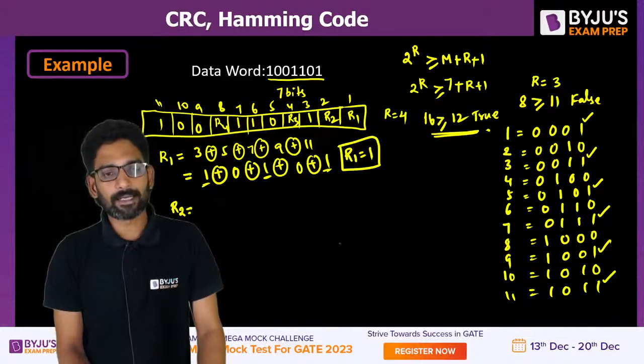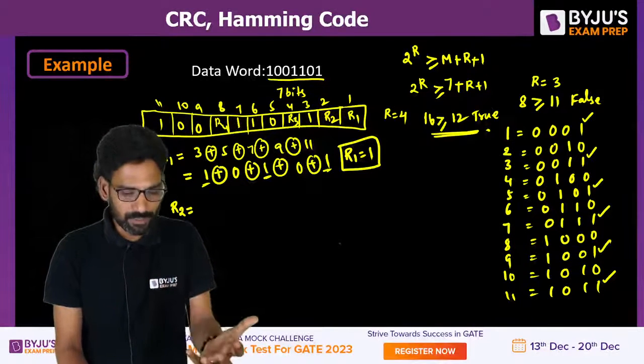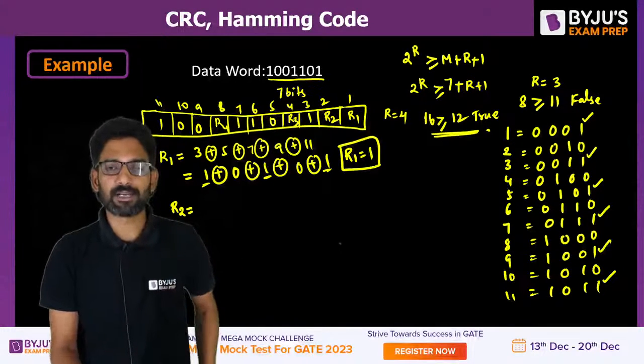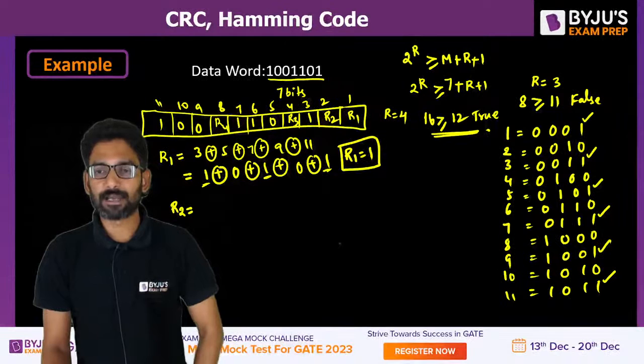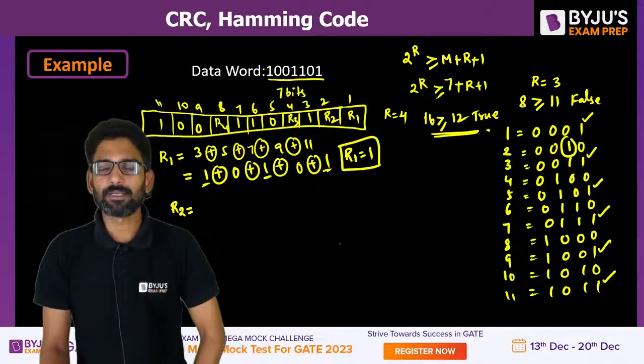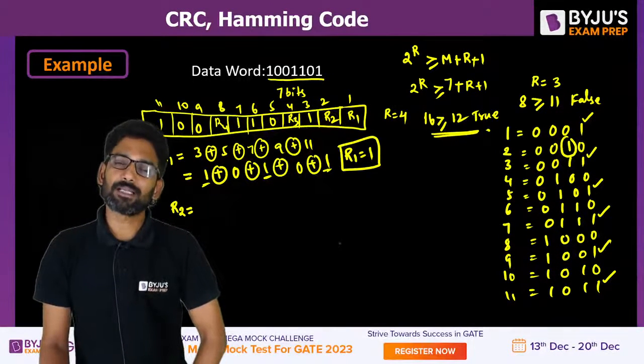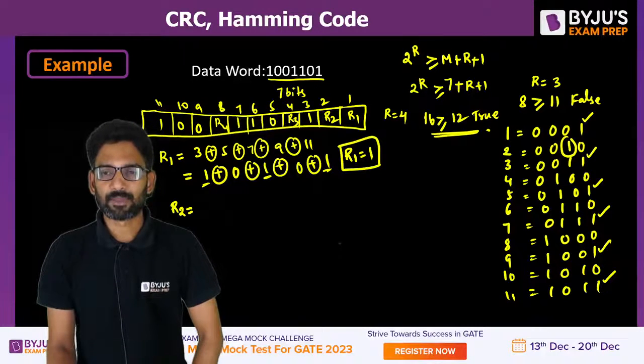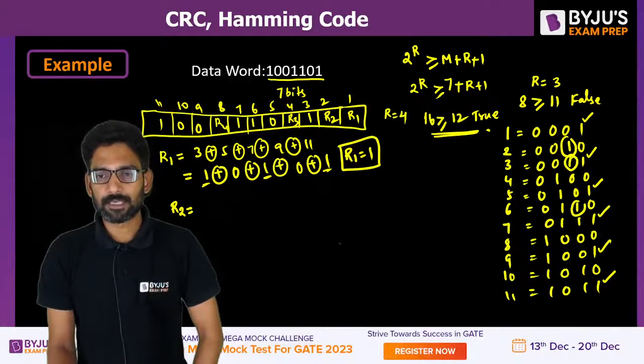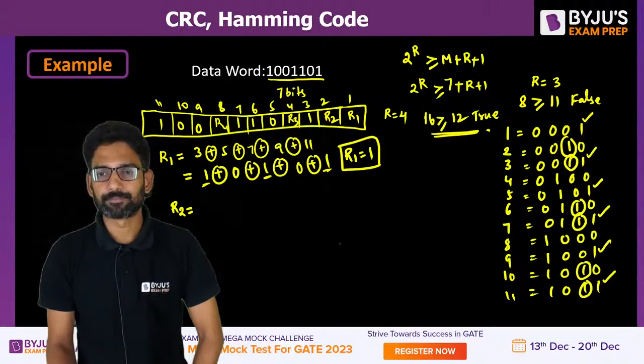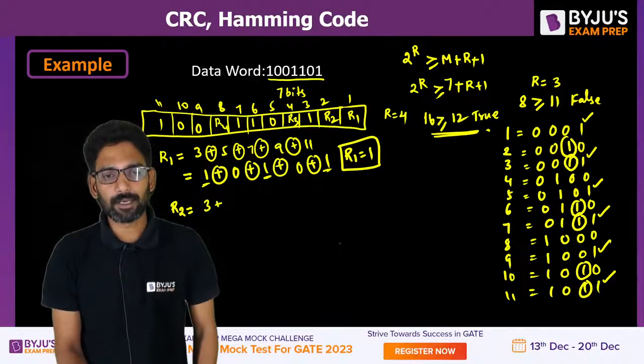How do I calculate R2? R2 is at the second position, so it has 1 in the tens place. What others have ones in the tens place? 3, 6, 7, 10, 11. So take 3, 6, 7, 10, 11.